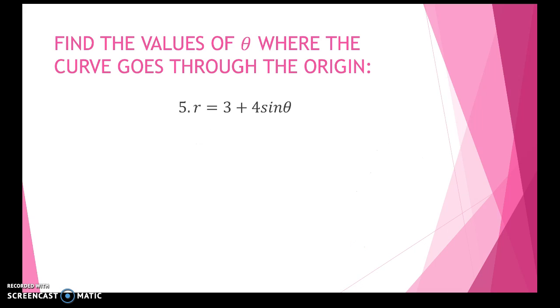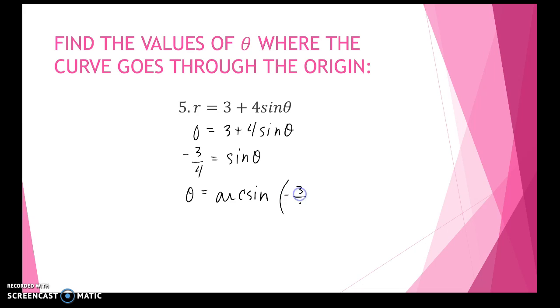And then lastly, for the curve 3 plus 4 sine theta. Okay, so subtracting 3 and dividing by 4. All right, so now when we think about solving this, this would be the arc sine of -3/4.